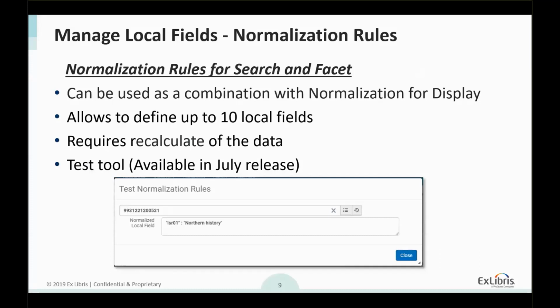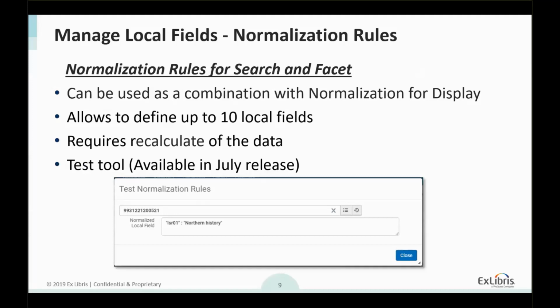There is a separate configuration to control the local fields that should use this option, the normalization rule for search and facet, and only for those local fields will this option be available. I will show you this setup, how to set it and exactly how to define those normalization rules.